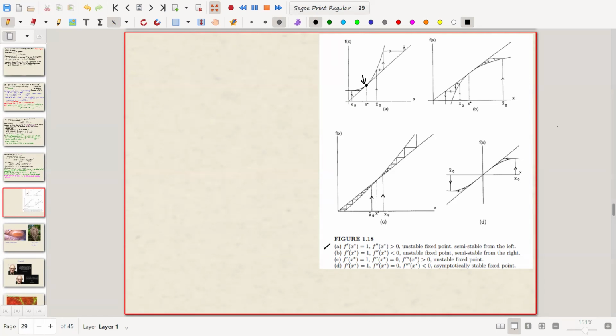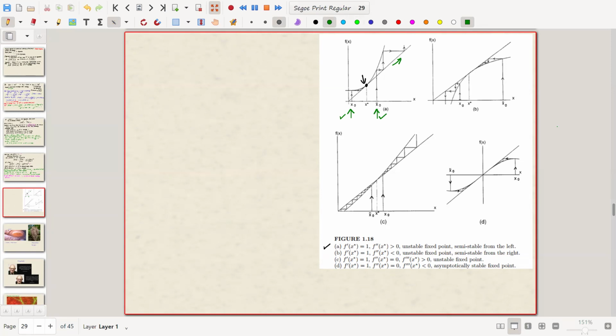If you see this point, I am taking two initial conditions. Please see it carefully. One initial condition is this, another initial condition is that. The cobweb is going outwards, that is diverging. But if you take the other side of the fixed point, it is converging.